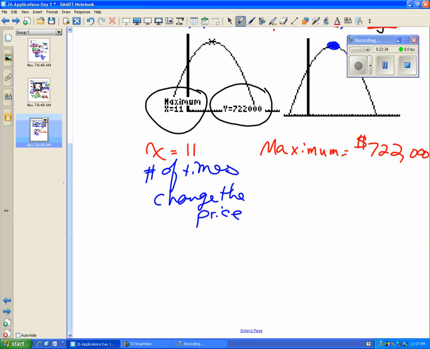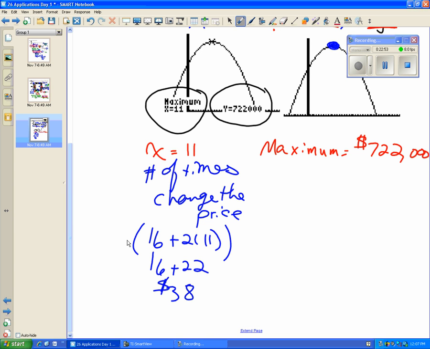So if I plug that into my cost, 16 plus 2 times 11 tells me that 16 plus 22, that's $38. I can charge $38 a year to maximize my revenue.